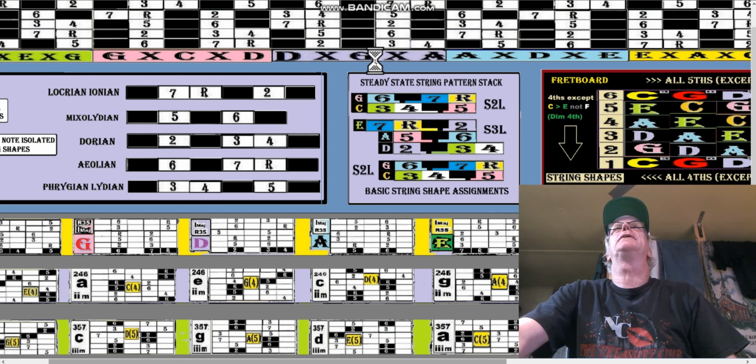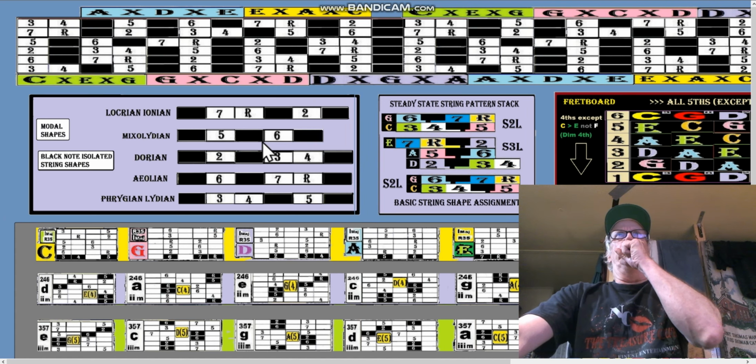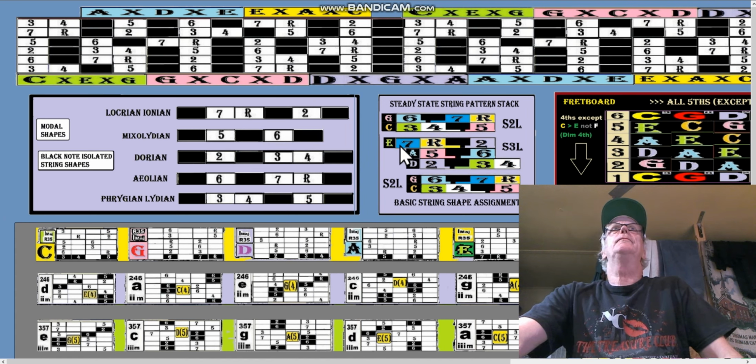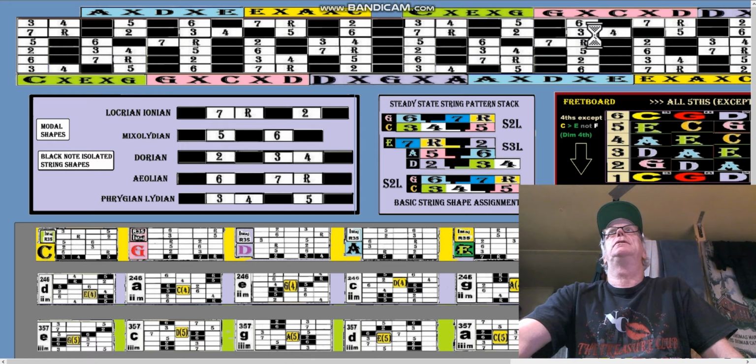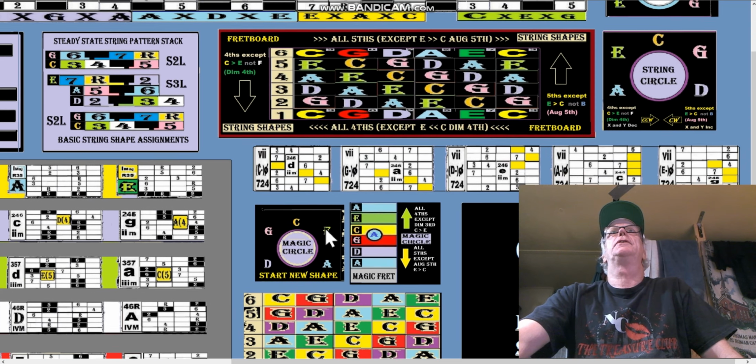What we got here is bottom strings. If we look at each of the progressions as a bottom string, this isn't caged now. This is magic circle. And magic circle is over here.